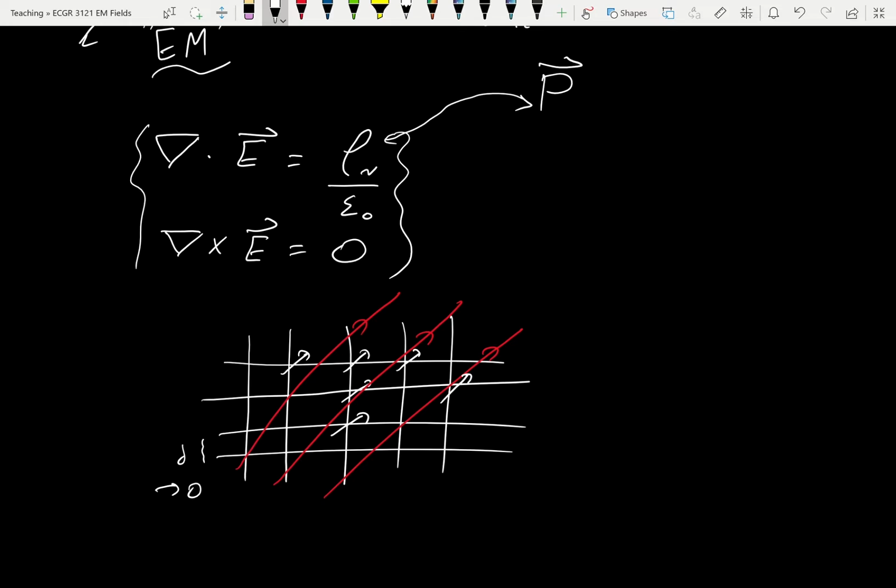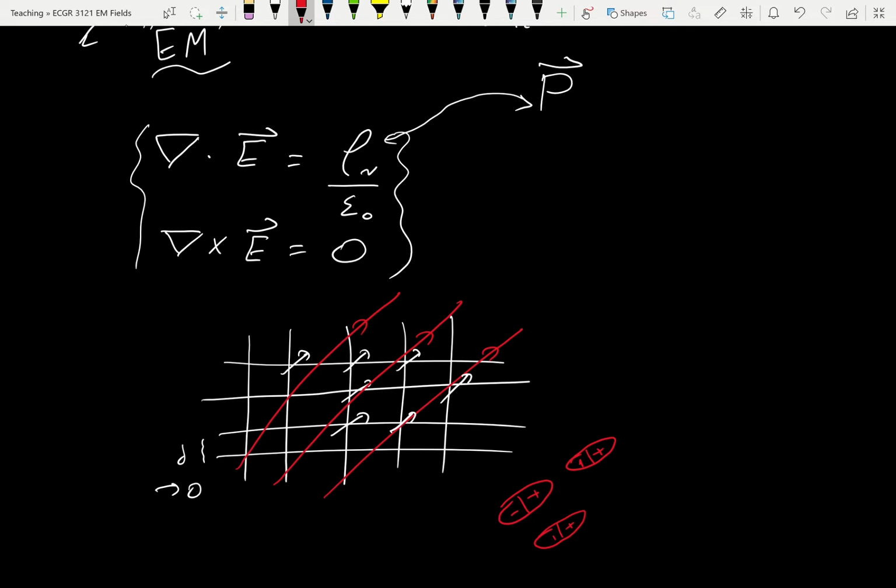Now the thing is, if all the dipoles arrange uniformly, meaning if I look at every point and, say, I have a dipole that's stretched and then the dipole next to it is stretched by the same amount, and then the dipole next to it is stretched by the same amount, right?